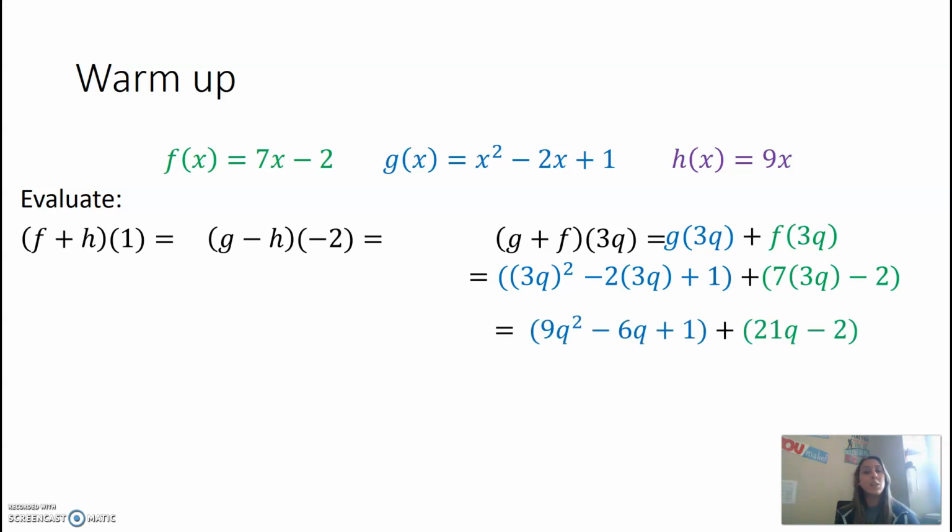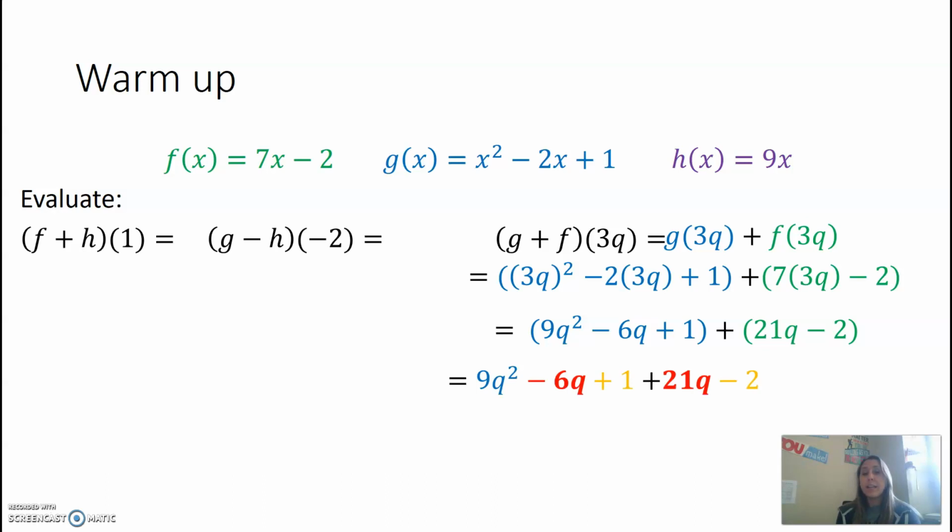So I get 9q squared. Make sure that when we are squaring something, a monomial like this, we square both the coefficient and the variable. I distributed negative 2 times 3, which is negative 6, plus 1. We end up with 21q minus 2.